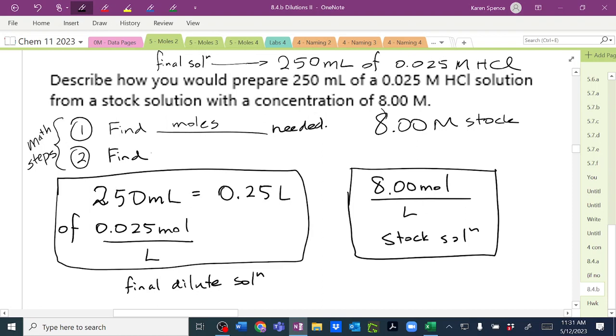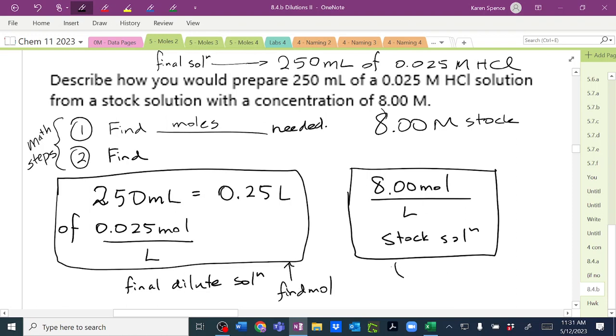What do we need to find out about the stock solution? I need to know how many moles I need of this in the stock solution. I'll get the moles from here, right?